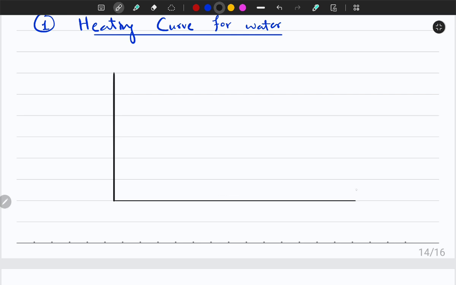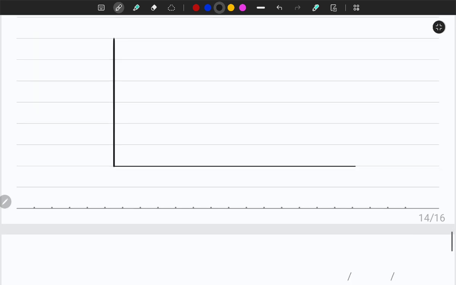So what we are going to do is have time on the x-axis, time increasing from left to right, and on the y-axis we have temperature in degrees Celsius, increasing from bottom to top.